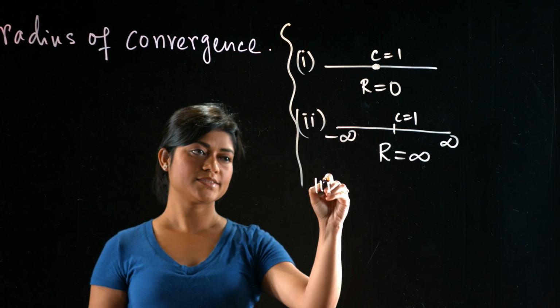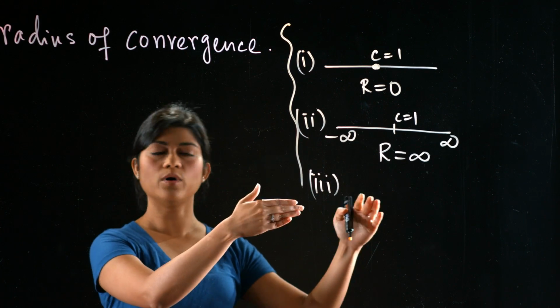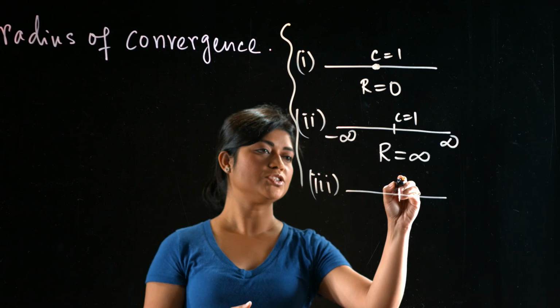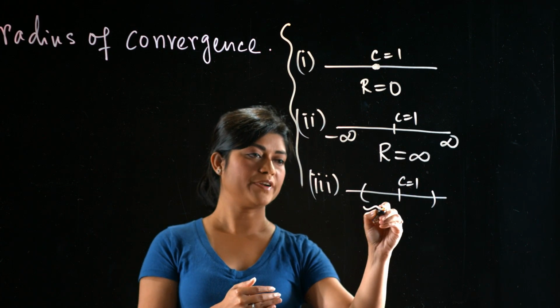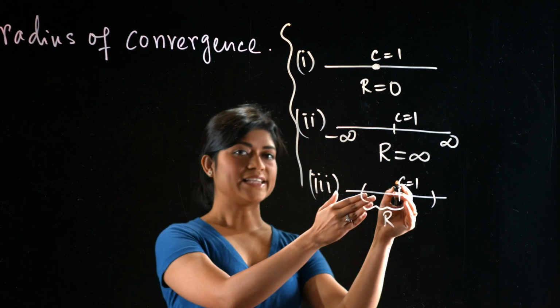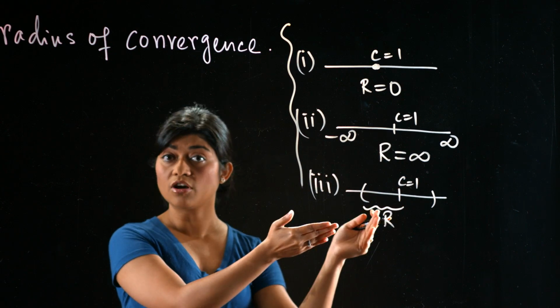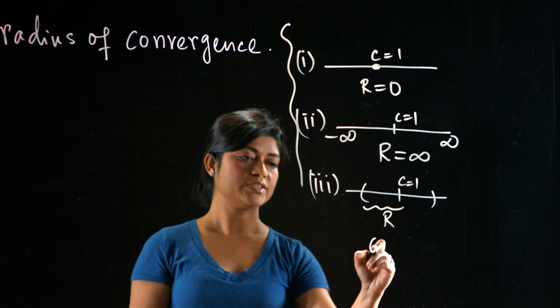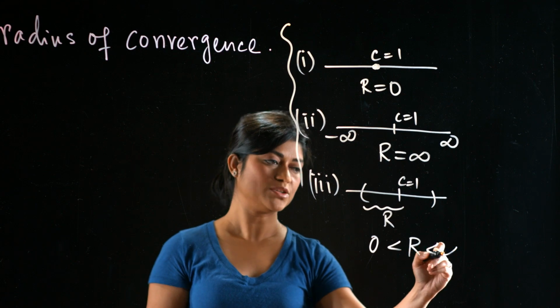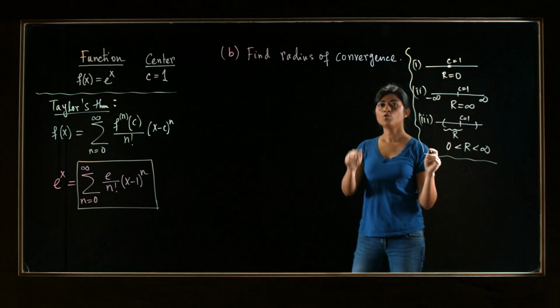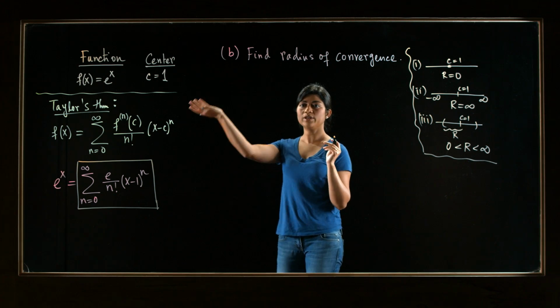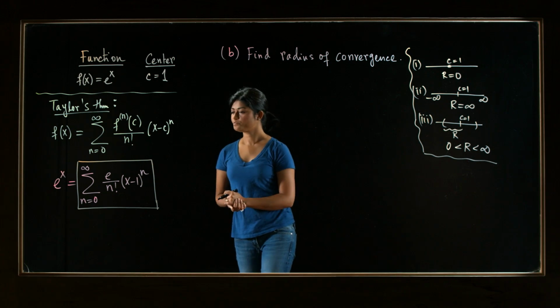And the third case is the intermediate one, that it converges in an interval of radius r centered at the center of the series, which is 1. In that case the radius will be some number between 0 and infinity. So the question is, which of these three cases will happen for our series?